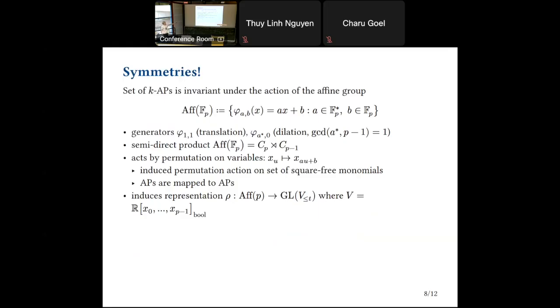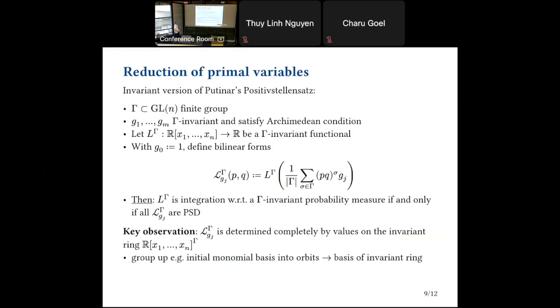Okay, so now we look at ways on how to exploit these symmetries as well as we can. The first way is using invariant theory.